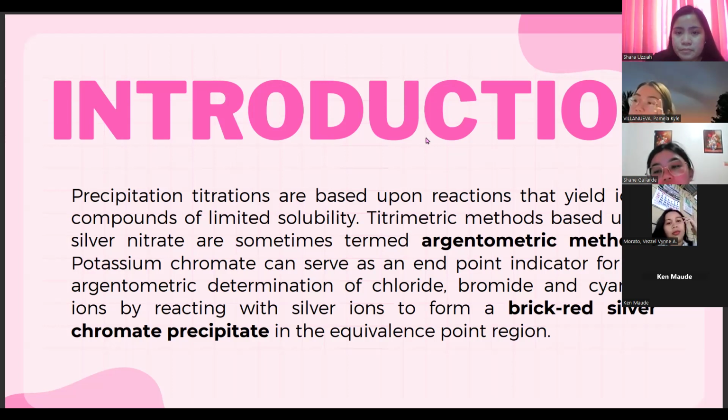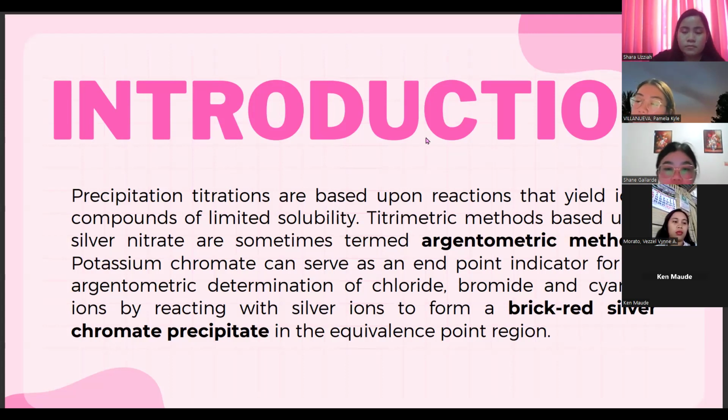So here, our precipitation titration is a common analytical technique that relies on reactions that produce ionic compounds with limited solubility. One common indicator used here is potassium chromate, because it reacts with silver ions to form a brick red precipitate.